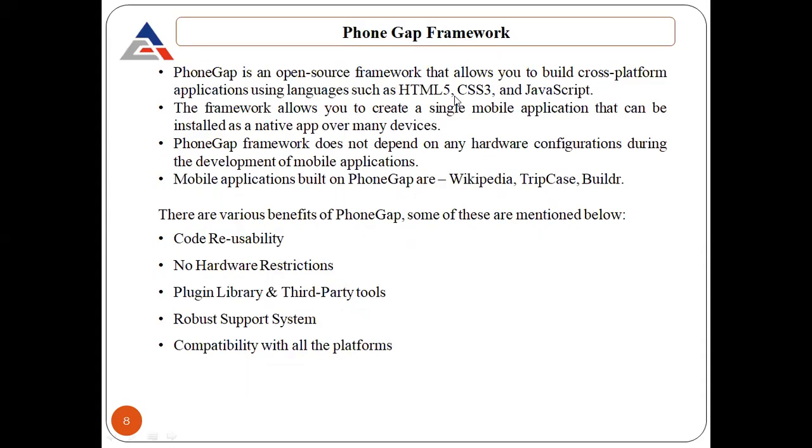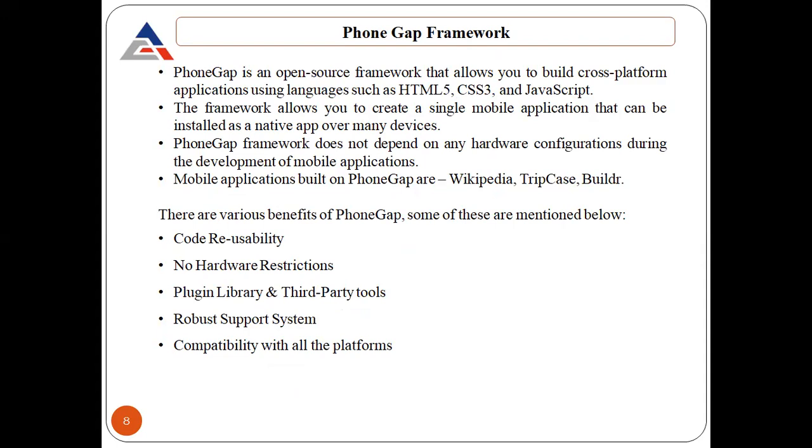Next is PhoneGap, an open source framework that allows you to build cross-platform applications using, again, HTML and CSS. So it can run as both a native and a web-based application. The framework allows you to create a single mobile application that can be installed as a native application, or we can install it as a web application.